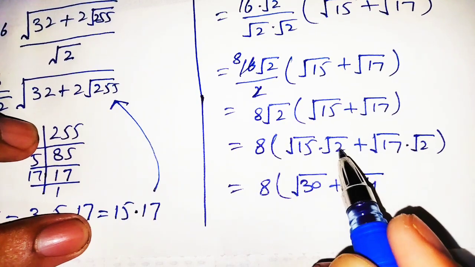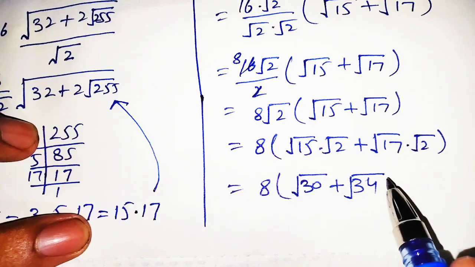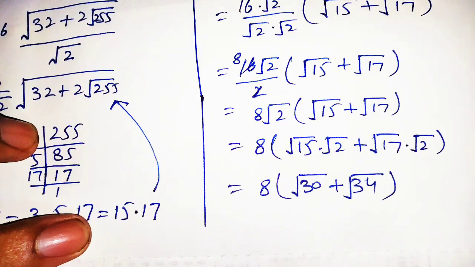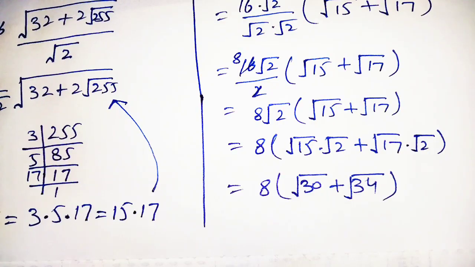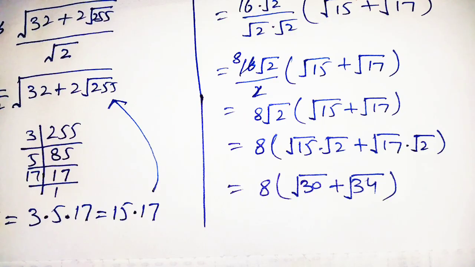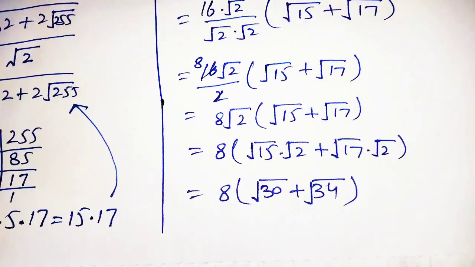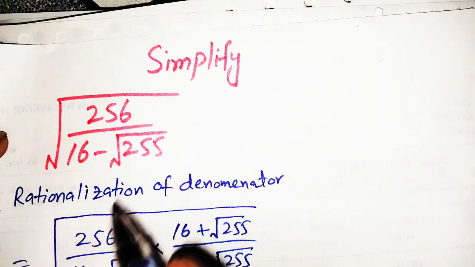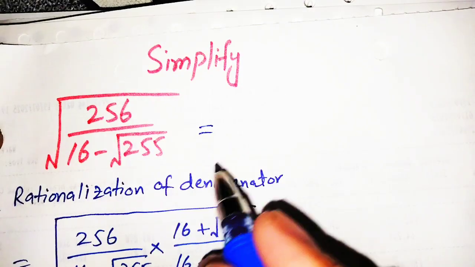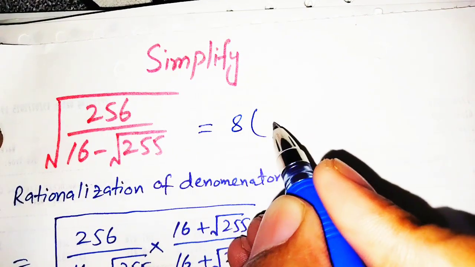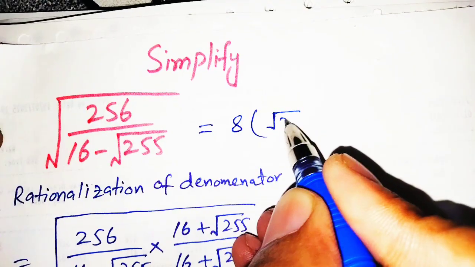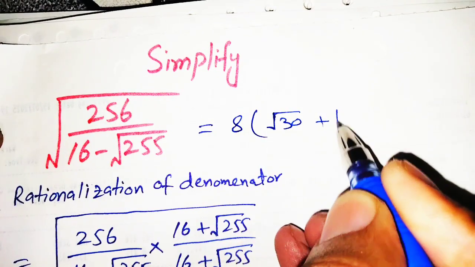After multiplying this 2 with 15 and this 2 with this 17, we get this, and this is the simplest form of the given expression which we wanted. So the final answer is equal to 8 times square root of 30 plus square root of 34.